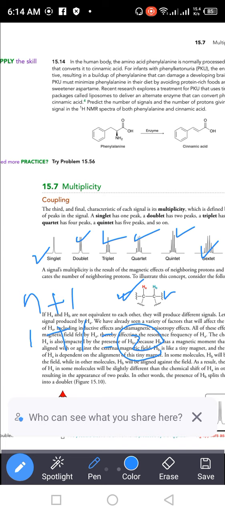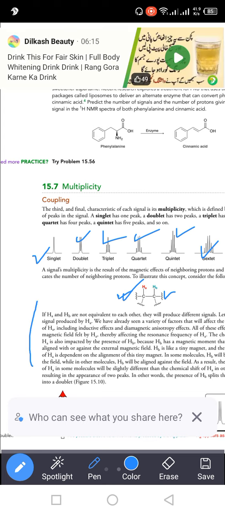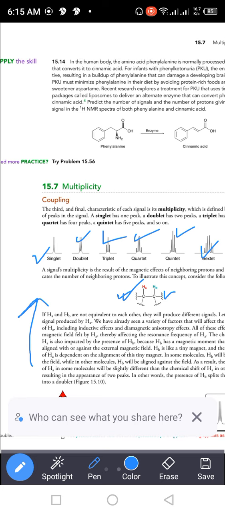This is a mathematical representation: HA having one neighbor splits into two peaks. In fact, these two peaks arise due to the alignment of the neighbor proton HB with the magnetic field or against the magnetic field. Sometimes the HB proton is aligned with the magnetic field. Suppose the externally applied magnetic field has a direction represented like this, and the proton has the same direction as the magnetic field.